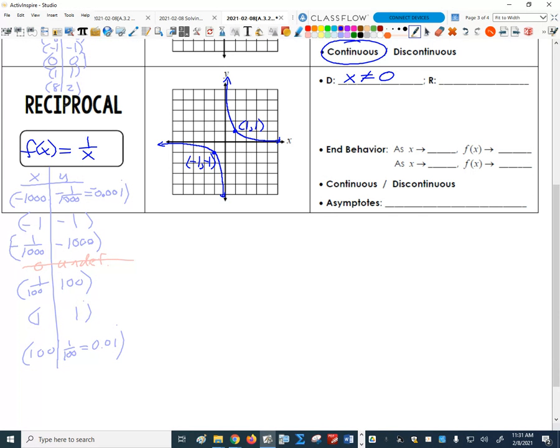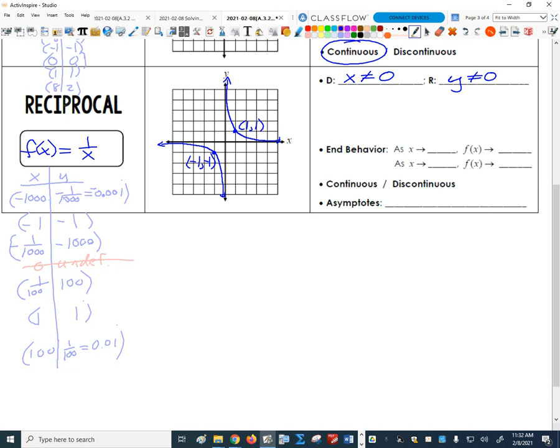Well, then is there a y value, if you look at this graph, that the ant can never get to? Yeah, it's 0 again, isn't it? Y can also not equal 0.